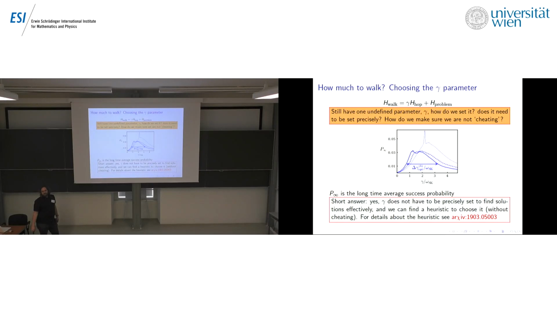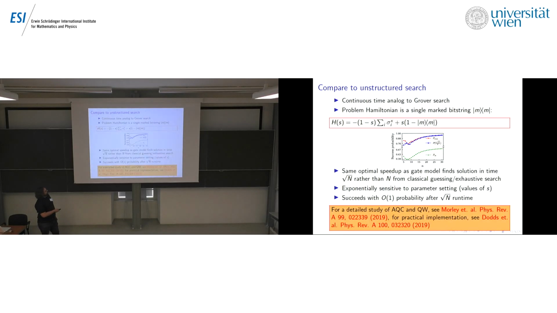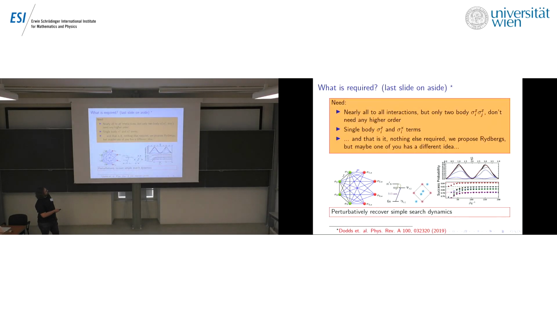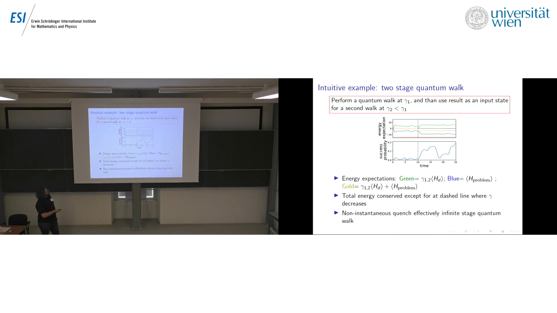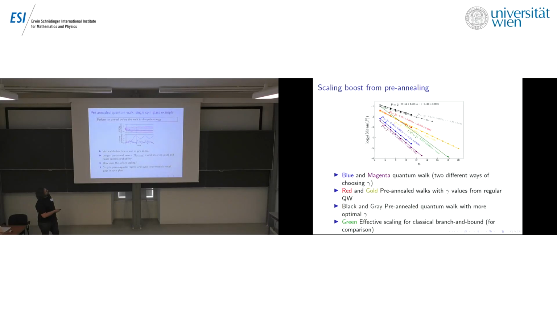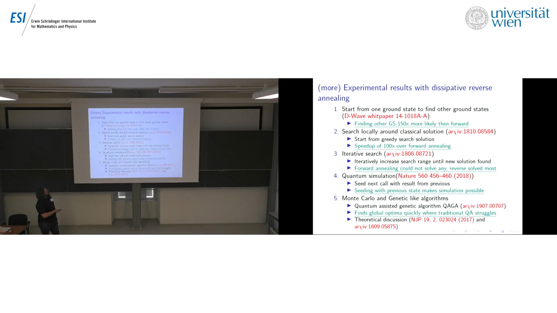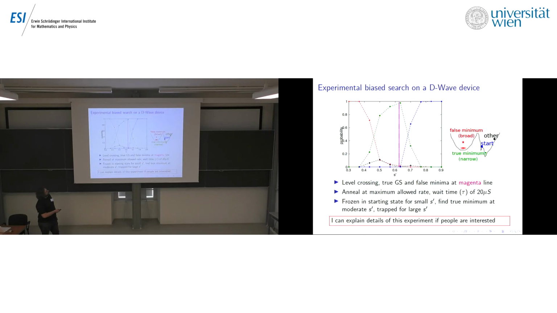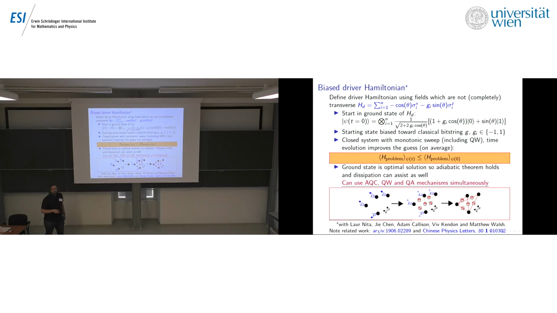So the question is, if you do this pre-annealing on a physical device like D-Wave, usually what they do is they propagate the state for too long, and then everything is pretty much thermal. But what if you take an annealer and propagate the state just a bit, so you pre-anneal, and then repeat it many, many times?